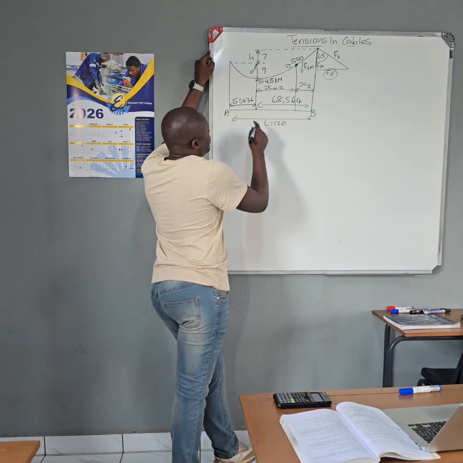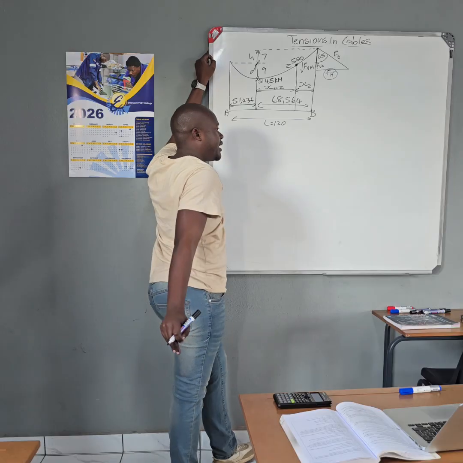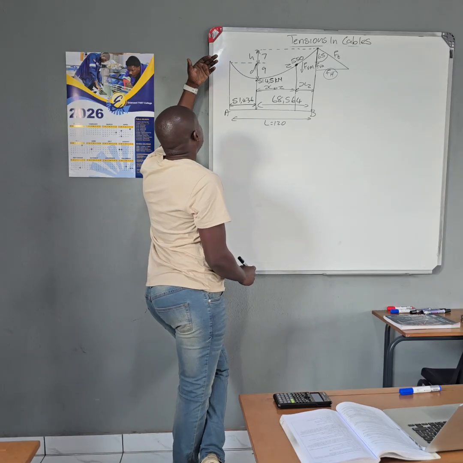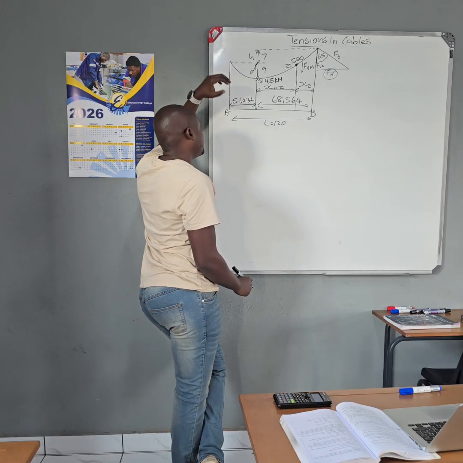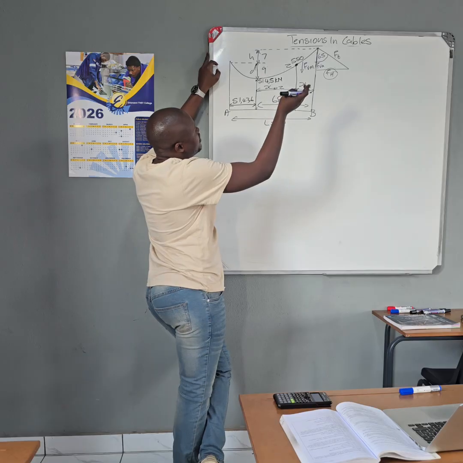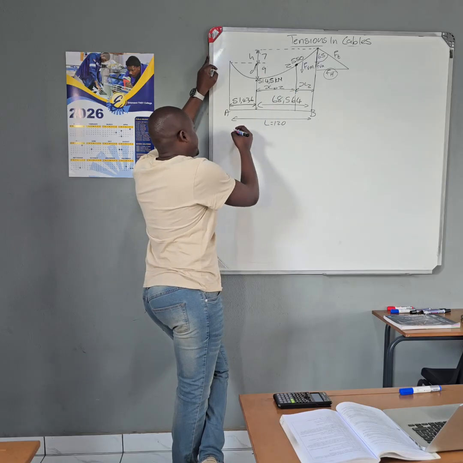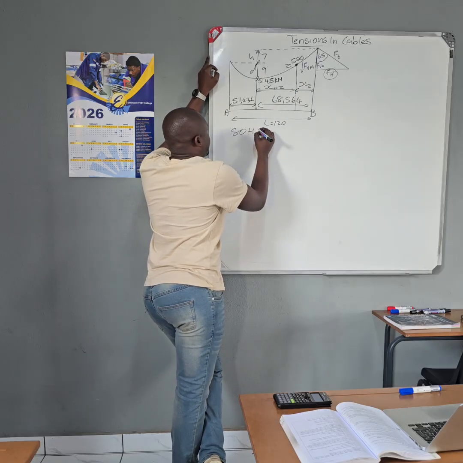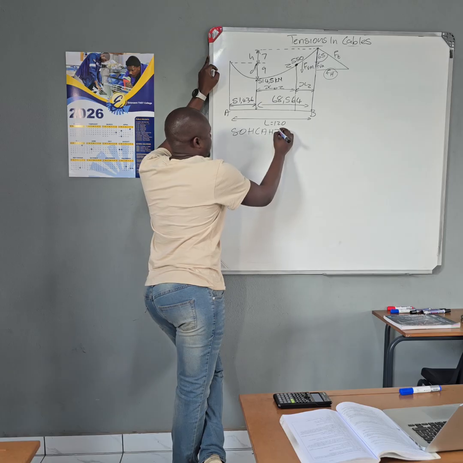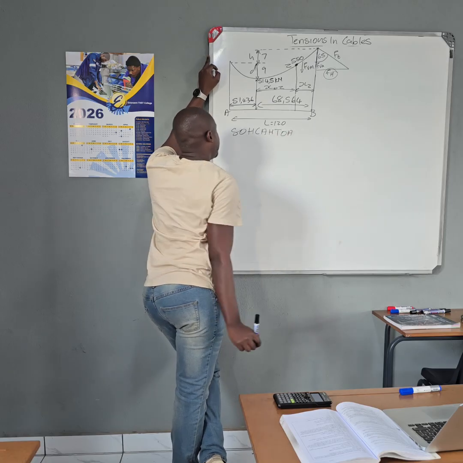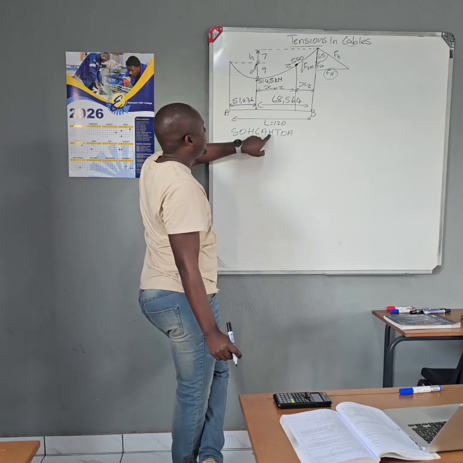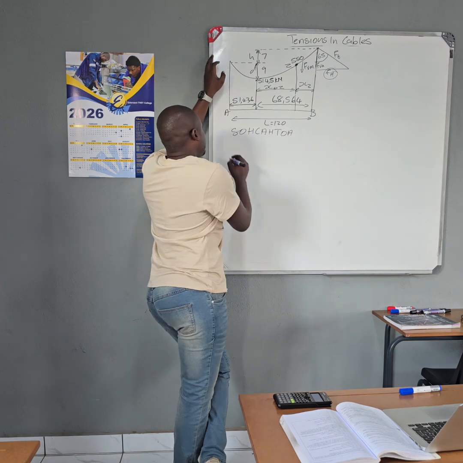So let's start with the anchor cable. On our anchor cable, we are having a hypotenuse, we want the adjacent. I always do this so I don't make mistakes. I have hypotenuse, I want adjacent, that is cos.